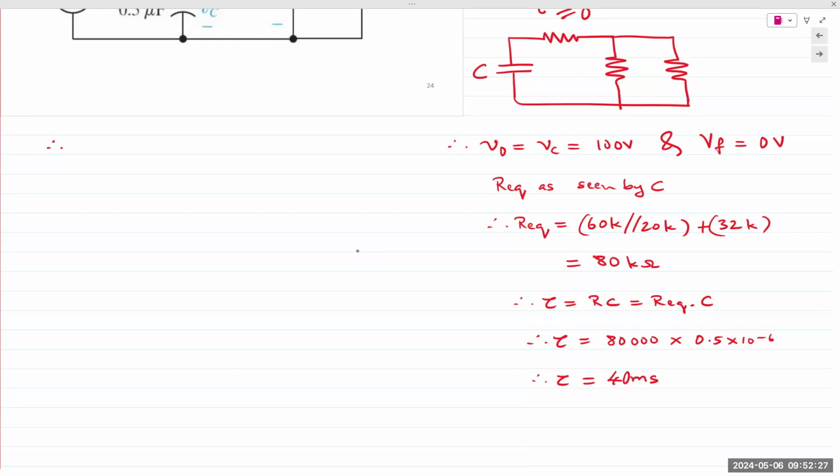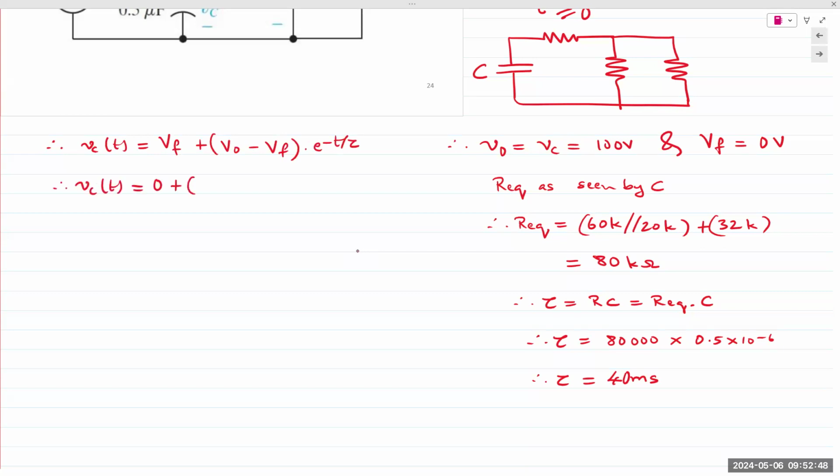So then the expression for Vc of t can be written as Vf plus V0 minus Vf into e raised to minus t over tau. Plug in all three values.